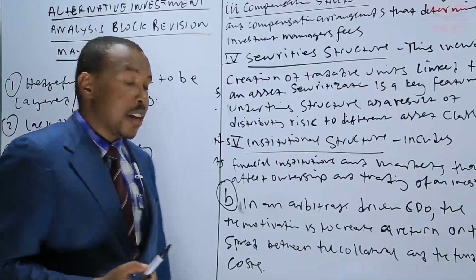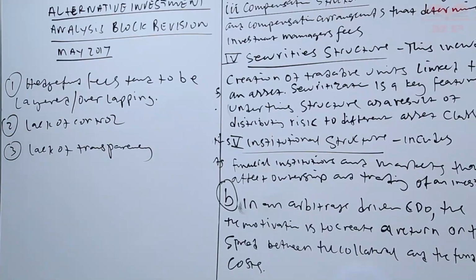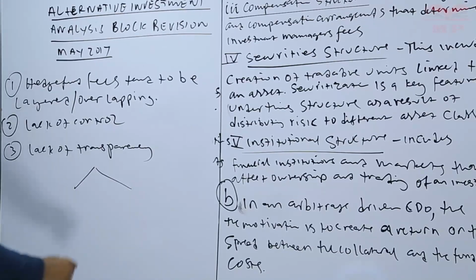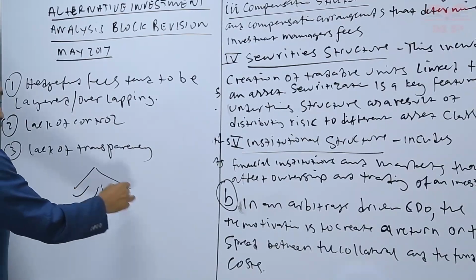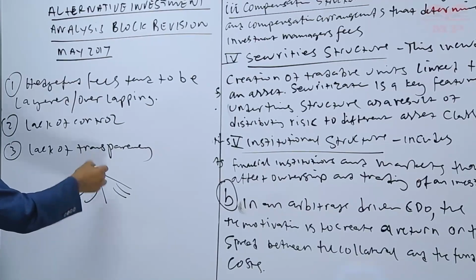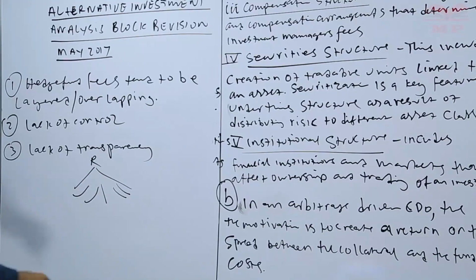That poses a challenge as far as transparency is concerned, because there is less scrutiny than for alternative investments that are under the watch of a regulator. As far as hedge funds are concerned, there is no regulation, or there is less regulation.